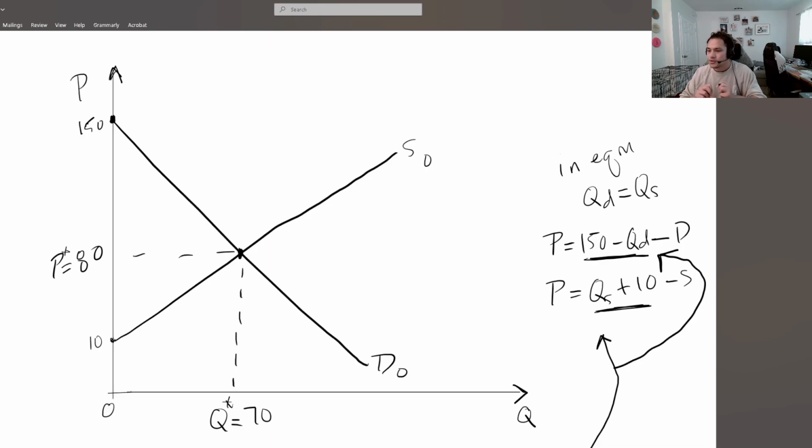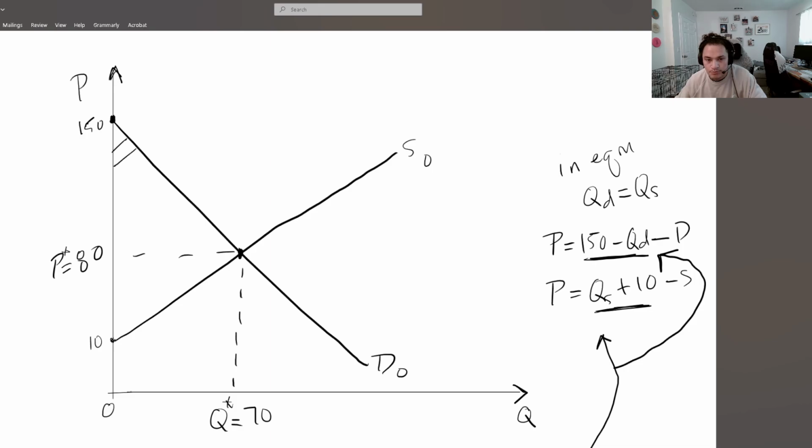When we talk about producer surplus, it's the additional surplus you gain when you were willing to sell the product for a lower price, but you were able to sell it for a higher market price. In order for us to identify that, our consumer surplus has a nice rule.